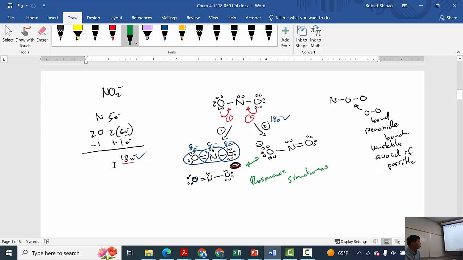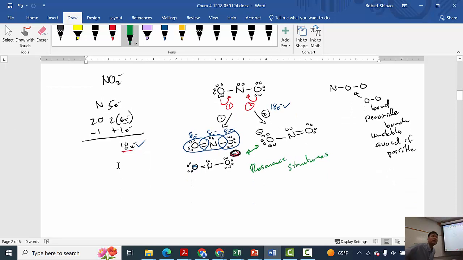We form these resonance structures when we get a choice, like this, and we go down one of two equivalent paths. So that would be it. And so there are 2 resonance structures here. One where we put the double bond on the left, the other where we put the double bond on the right.